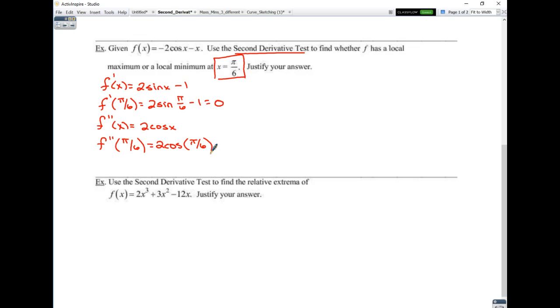Y'all ready for this? Cosine of pi sixths is in the first quadrant, which makes it positive. A positive times a positive is still definitely a positive. I don't care what the number is. I just need to know that it's greater than 0. It is the square root of 3. So if you really feel the need to write that down, then you win. If you don't feel the need to write that down, then you're a bigger winner.